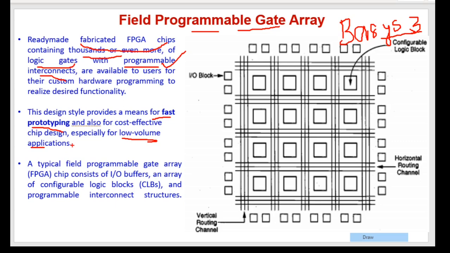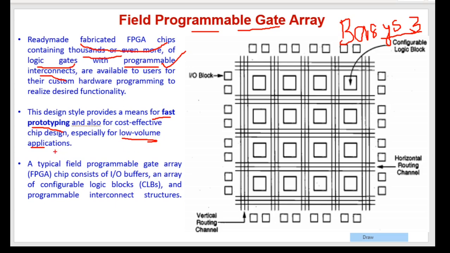If the circuit is a bit complex, it may take a few hours, but you are still realizing a big circuit in a matter of a few hours. Then what more do you want? This is one of the fastest prototyping methods, and it is also cost effective for low volume applications.